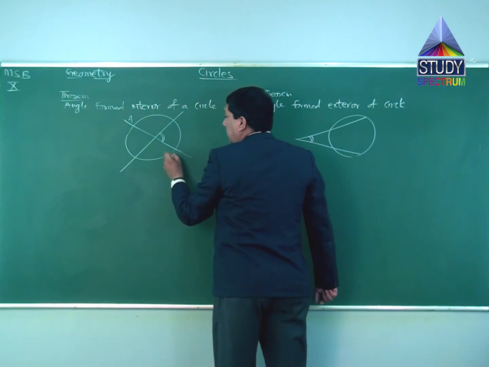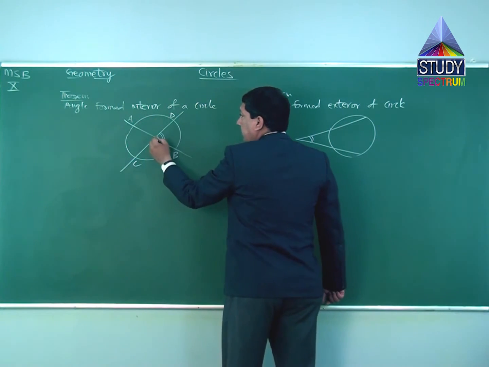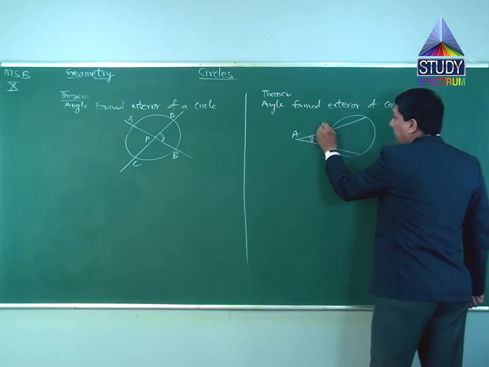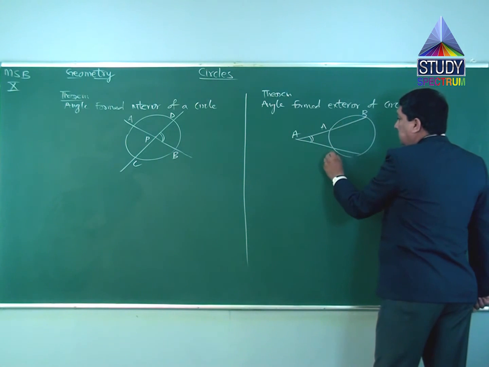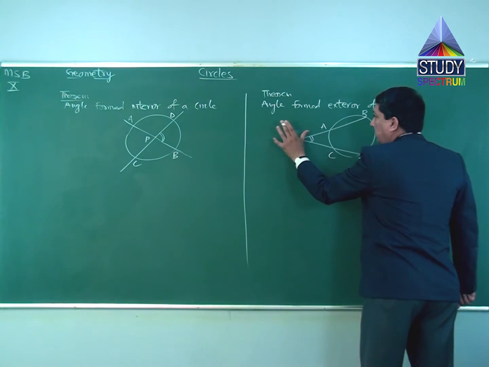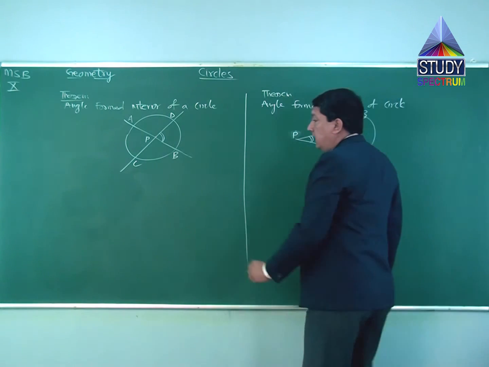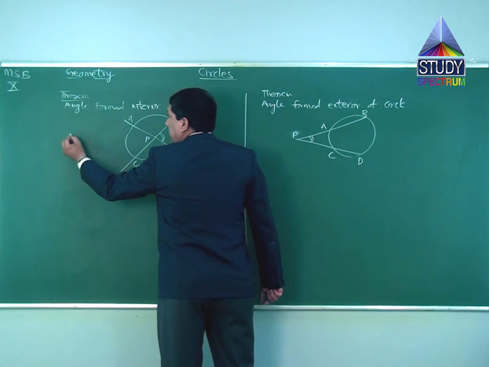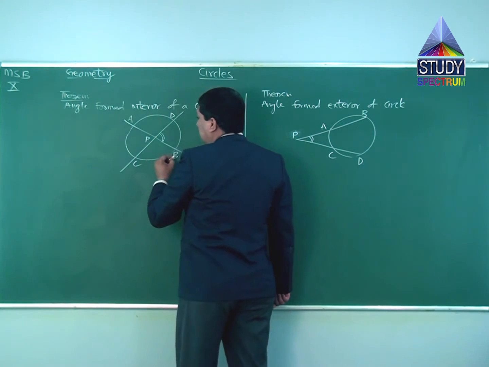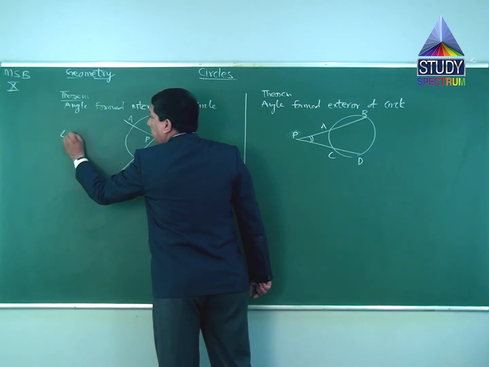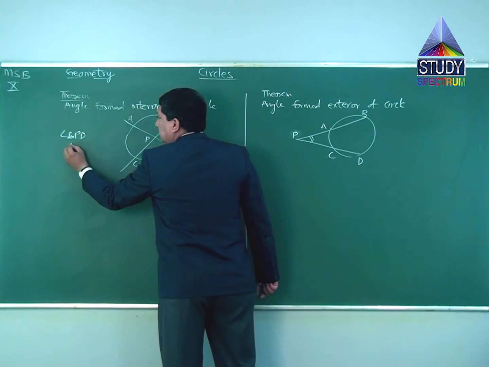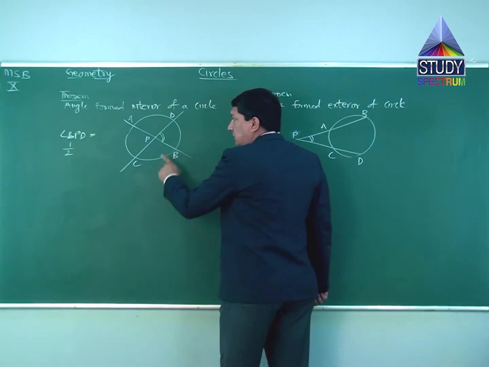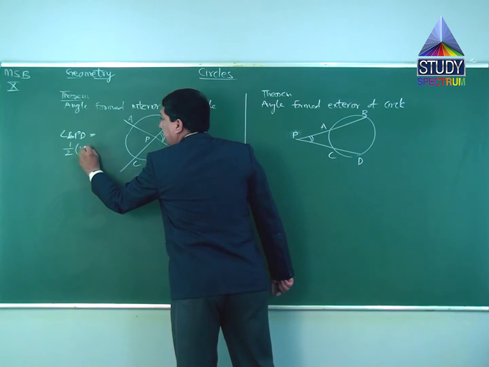So I name it AB, CD, and this point P, the same way. Now if the angle is formed interior of the circle, as per this theorem, the measure of the angle BPD is equal to half the sum of the intercepted arcs.